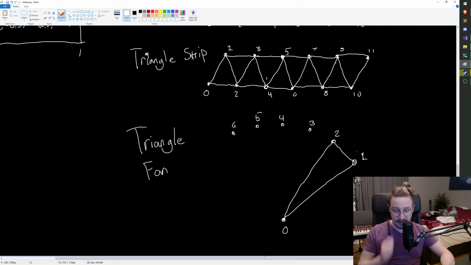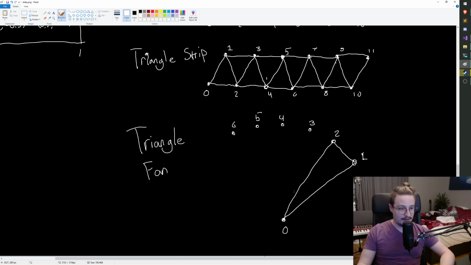So consider the previous triangle we drew. Go from the first to the last to the next vertex. All right? So instead in strip it went the two last ones of the previous triangle and then joined it with the next vertex. In this case, we go the first and the last vertex and then the next vertex.